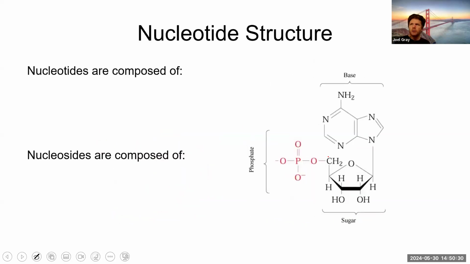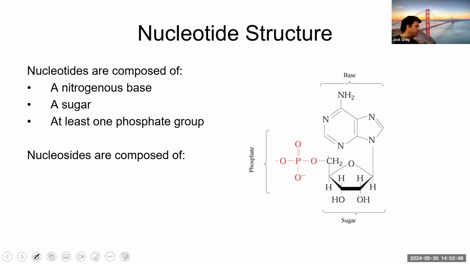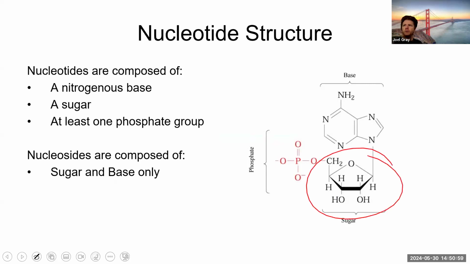Okay, great. Now, here's some terminology that's important to distinguish. A nucleotide versus a nucleoside. A nucleotide is composed of a nitrogenous base, a sugar, and at least one phosphate group. A nucleoside, by contrast, doesn't have those three components.